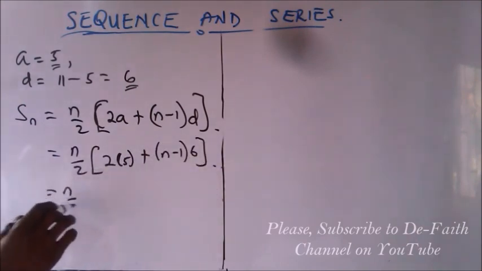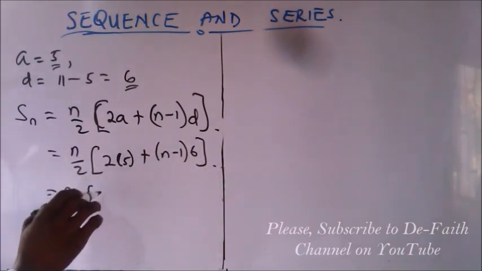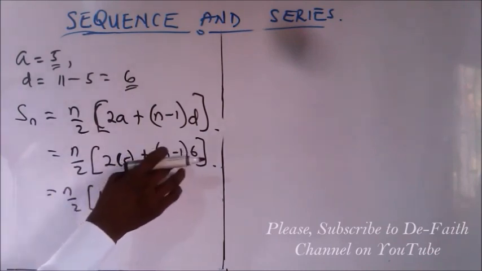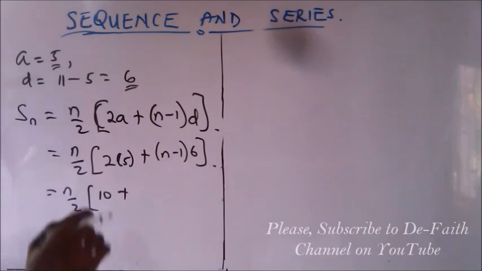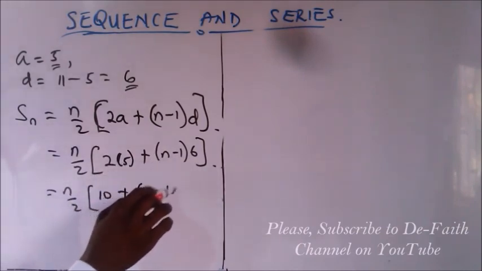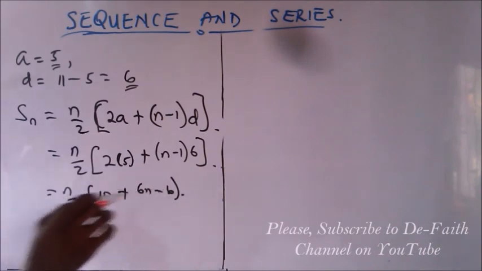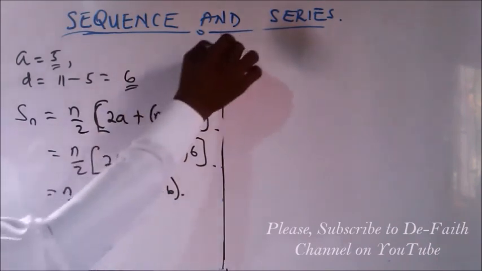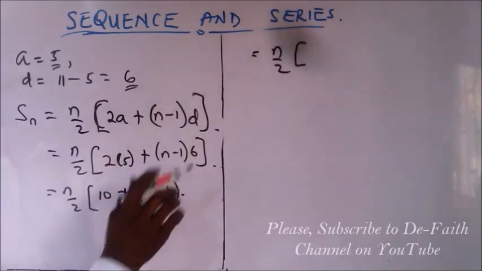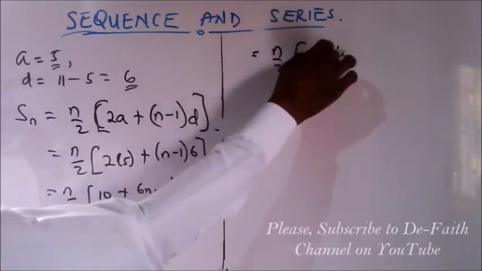Next we have n over 2 into brackets 2 times 5 is 10, plus 6 will multiply each of the values or letters inside this bracket. So we have 6n minus 6. We could collect the like terms here. So we'll have that n over 2 into brackets 10 minus 6, that's 4, plus 6n.